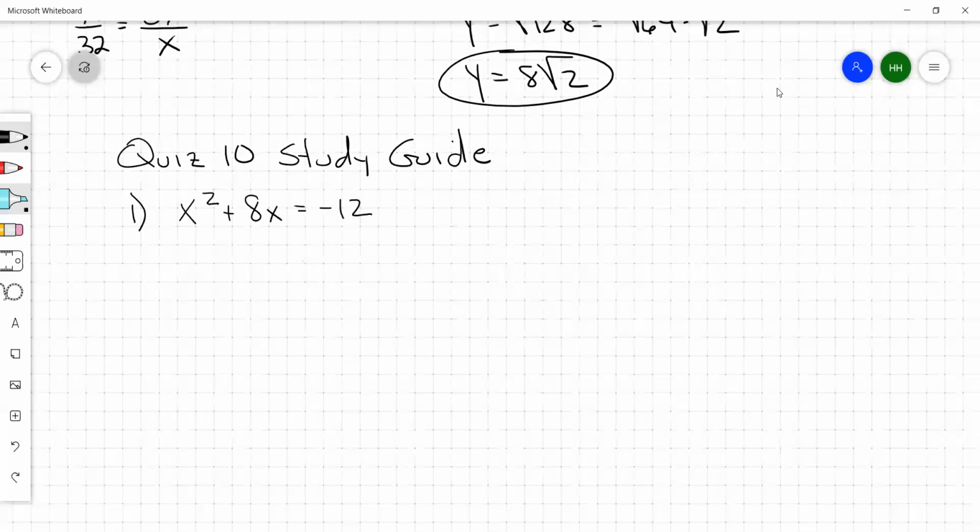And for this first problem, to be honest with you, I think the easiest way to solve it would just be to complete the square.